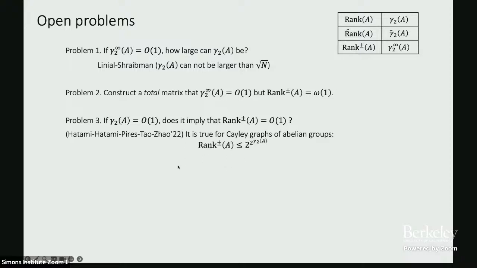So basically, it also follows for non-abelian groups, for any finite group. So we have good bounds in the non-abelian setting as well. So for all Cayley graphs, this is true: exact gamma 2 norm gives an upper bound on sign rank. But is it true for arbitrary matrices? The hope is that if I give you this extra condition, you might do something wildly smarter than Johnson-Lindenstrauss in some sense.